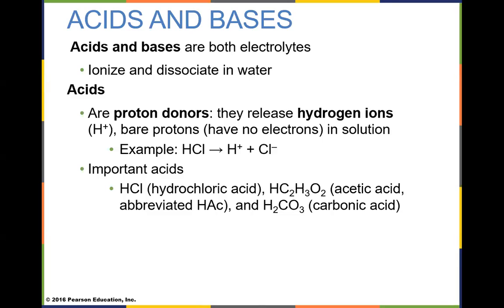An acid has a positively charged component and a negatively charged component. Acids are what we call proton donors. They give off hydrogen ions. A hydrogen ion is a hydrogen atom that does not have its electron.